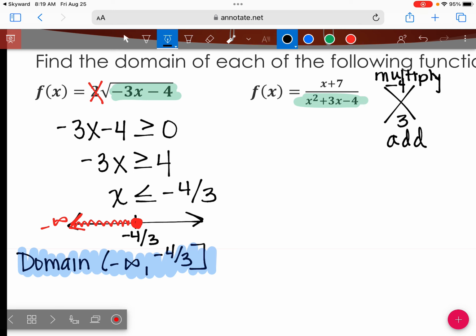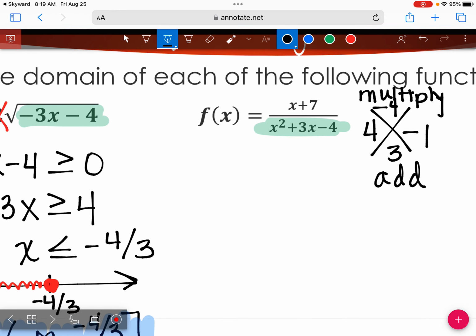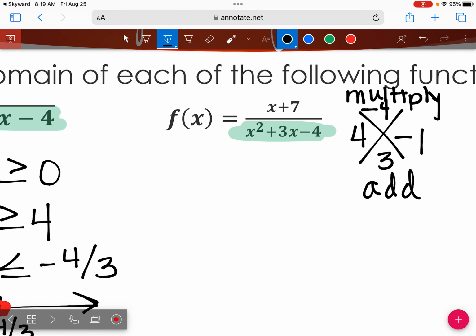So what would be my 2 numbers? 4 and negative 1. Who agrees that those are my numbers? All right, so because those are my numbers, we can go straight to our parentheses. I have x plus 4 and then x minus 1.